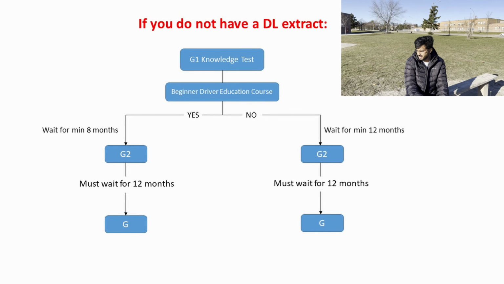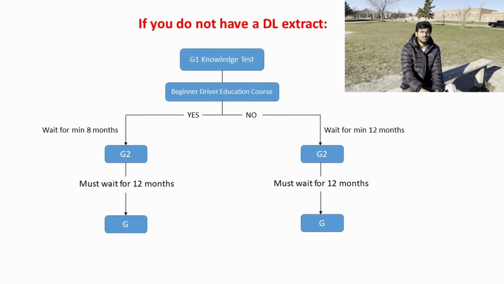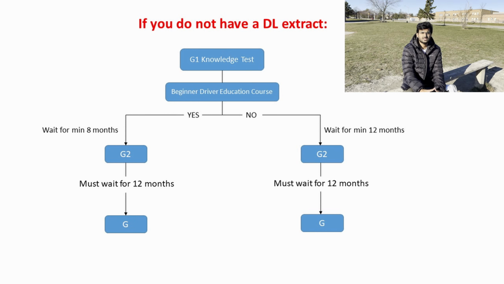The second approach is the one in which you do not have your previous DL extract. Once you have cleared your G1 knowledge test, you may apply for a driver's education certificate. If you apply for the driver's education certificate, then the wait time for the G2 drive test will come down from 12 months to 8 months.